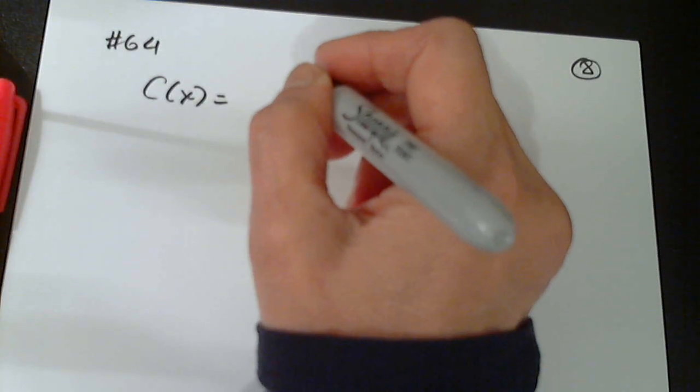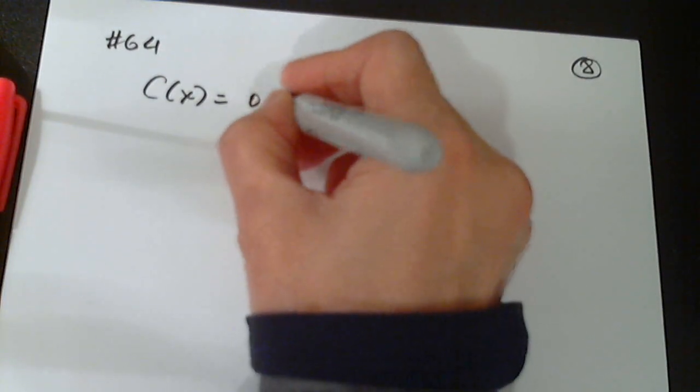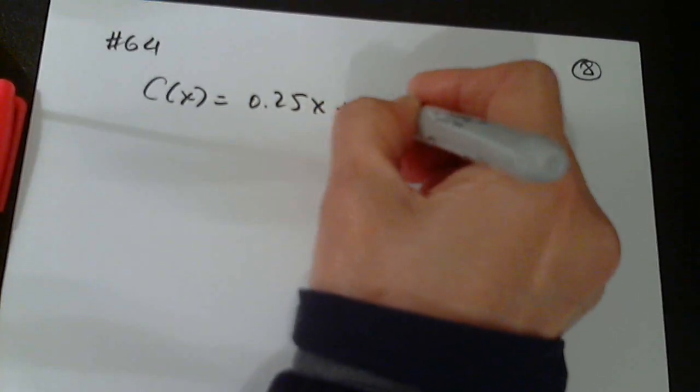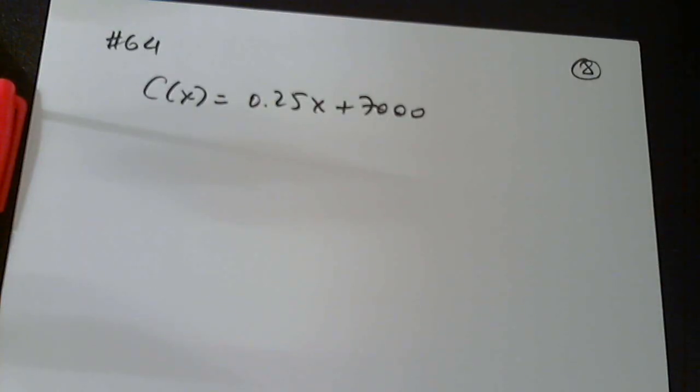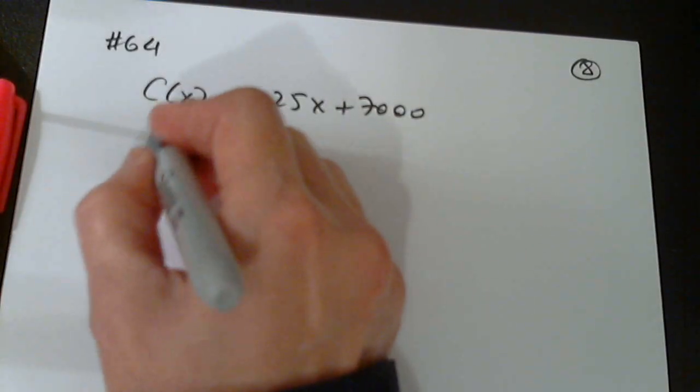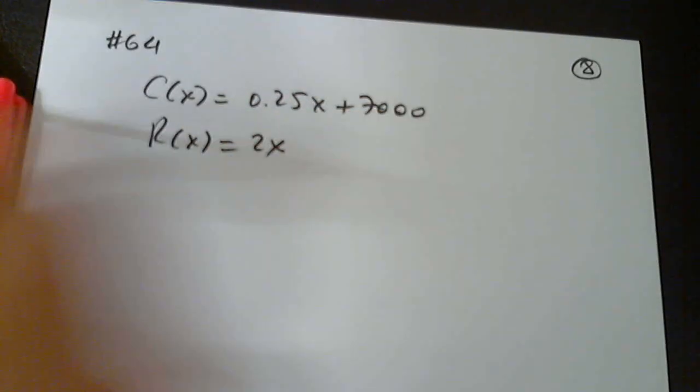So the cost function is 25 cents per card plus 7,000. So 7,000 is the fixed cost. And they do have to come up with 25 cents per card that they have to manufacture. And you're selling each card for $2. So then the revenue is 2x.